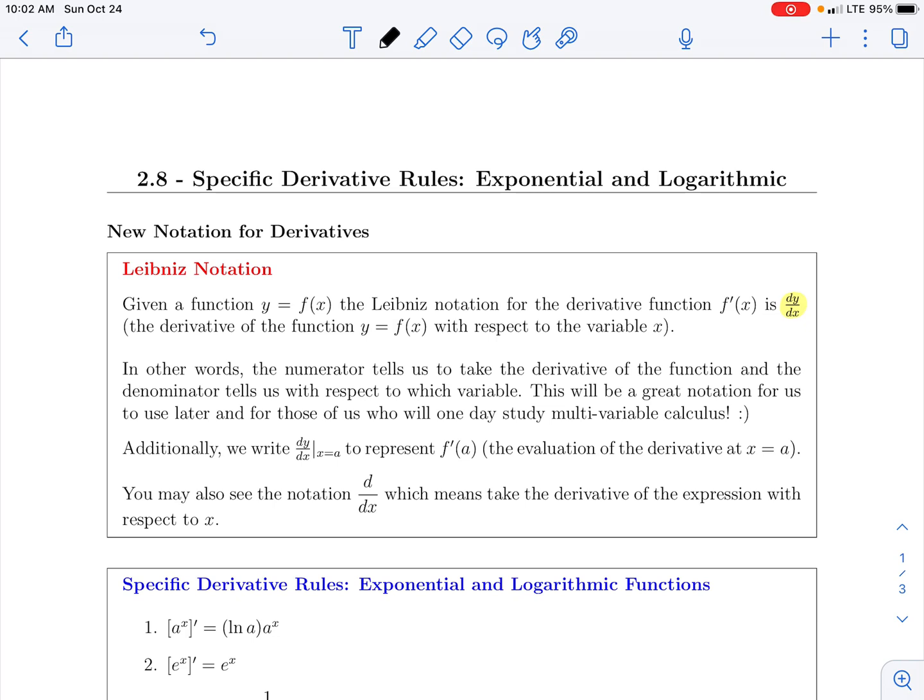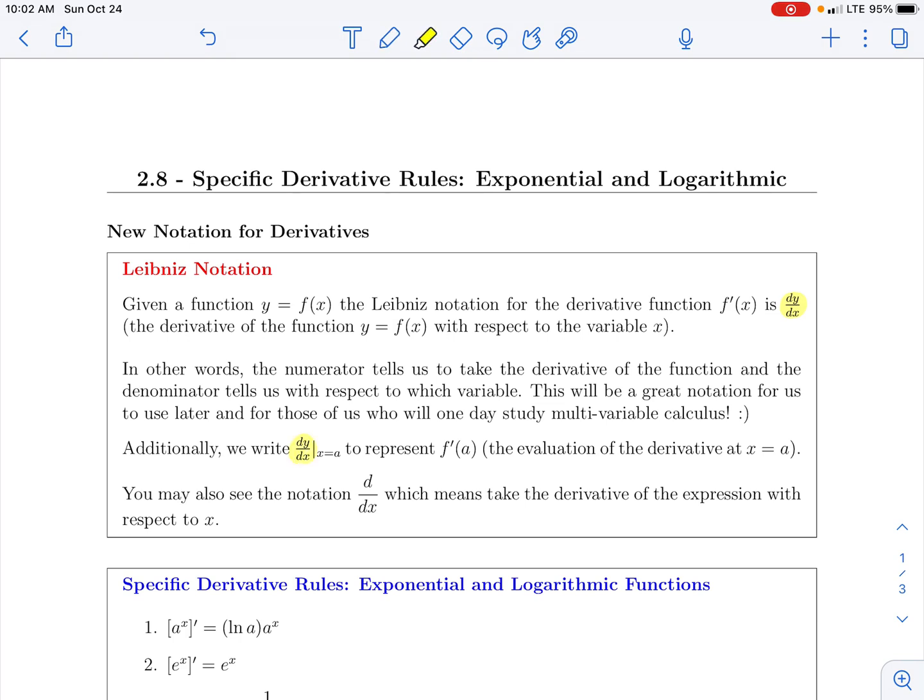It is also a great notation for us later when we talk about implicit differentiation. That's why I want to introduce you to the notation, but also so you're aware that there are two notations for the derivative. You will see that in future mathematics courses and also in this course.